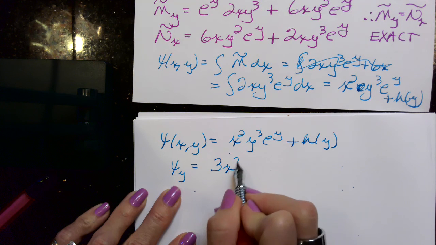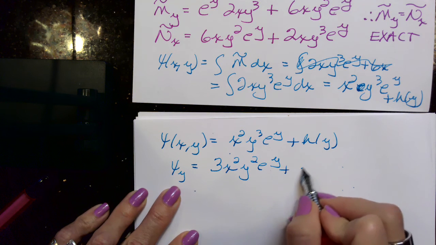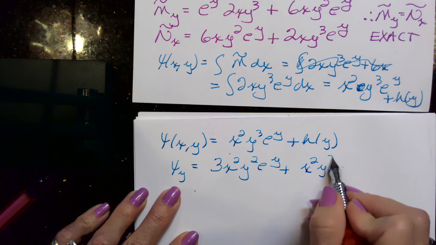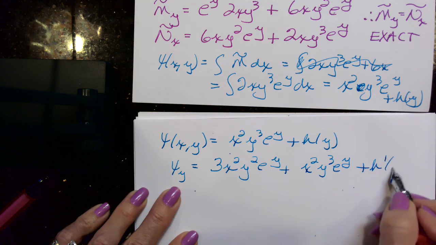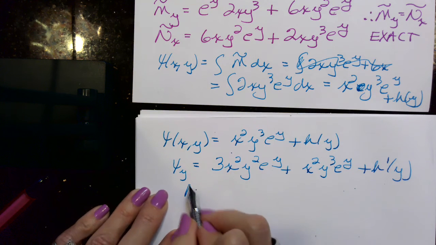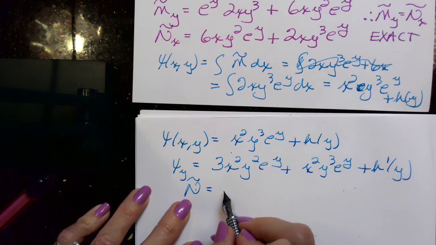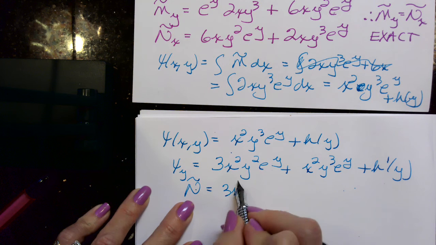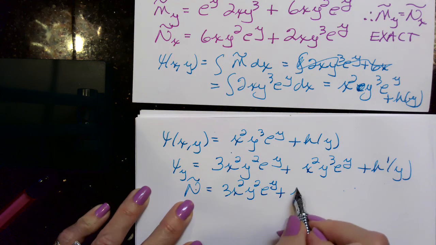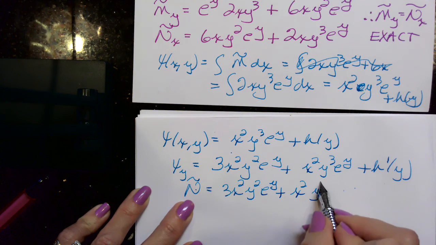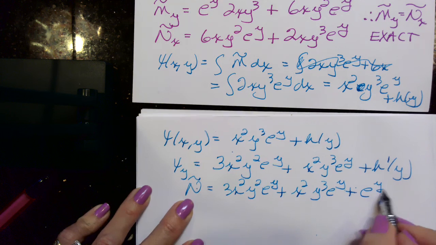So I'll get 3x squared y squared e to the y plus an x squared y cubed e to the y from differentiating e to the y, plus h prime of y. And now I compare that to n tilde, which is 3x squared y squared e to the y plus x squared y cubed e to the y plus e to the y.